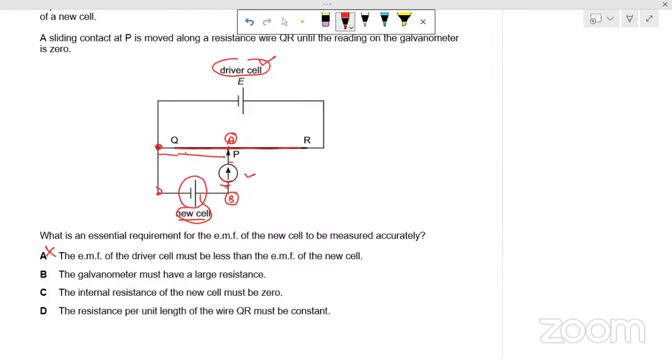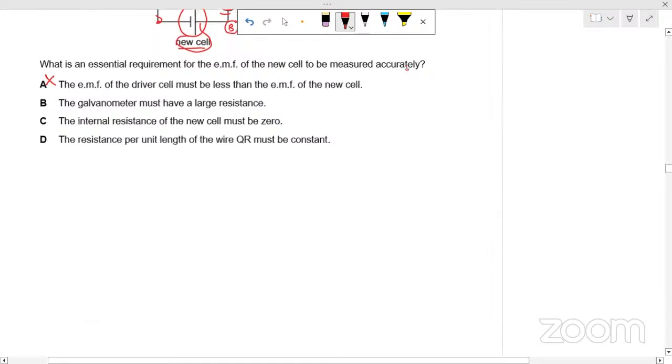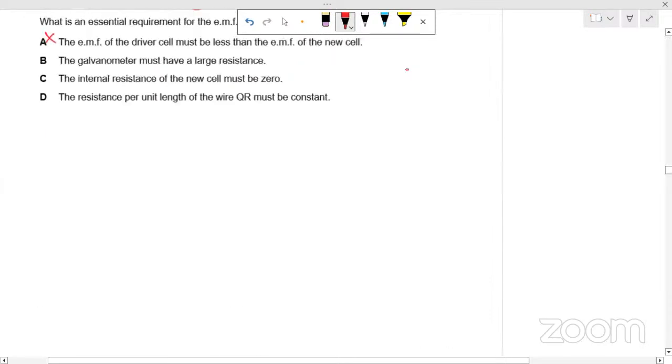Galvanometer must have large resistance? No, this galvanometer is connected in series with the cell. Okay, so if it has very high resistance, then what will happen under zero deflection?